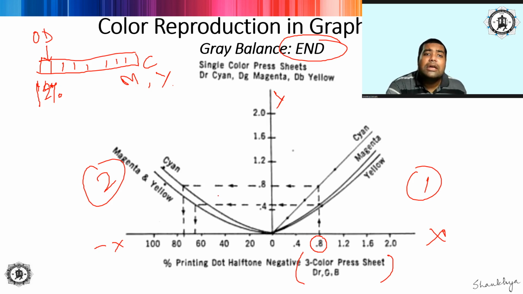Now let us consider what is the required percentage of printing dots in the halftone negatives that has to be reproduced during process camera operation for each of the cyan separation, magenta separation and yellow separation, such that the resulting overlap of the inks of those dot percentages leads to a neutral gray having an optical density of 0.8.